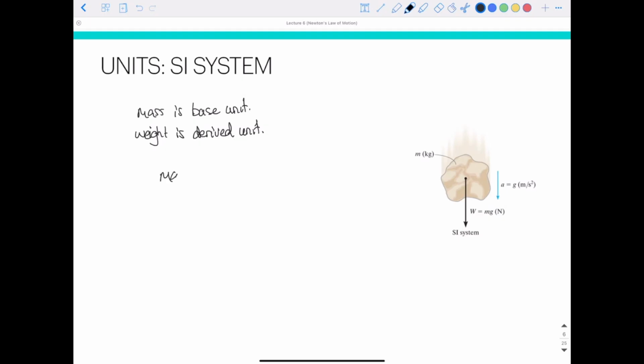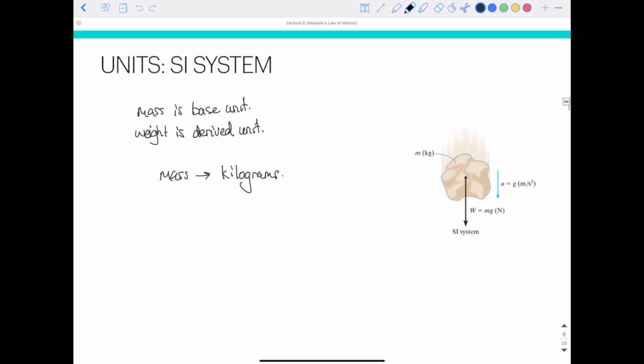So for mass, our base unit is kilograms. And we calculate weight using mass and acceleration. So weight would be equal to our mass times our acceleration due to gravity.